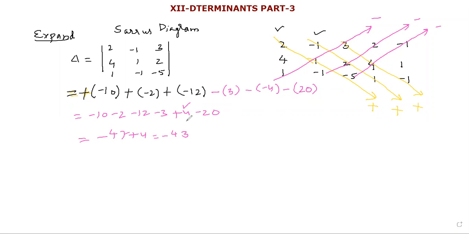Answer is minus 43. Okay, got it. So this is the way you were asking, Mariam. Like this we can do directly. This is the way of finding any determinant whose value we have to find out, whenever we are given the numbers only. If the numbers are not given, then we will have some properties that we are going to study today. We will have to use the properties and then expand. Okay, understood?